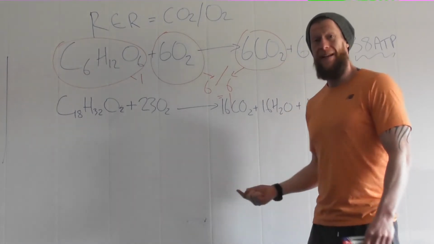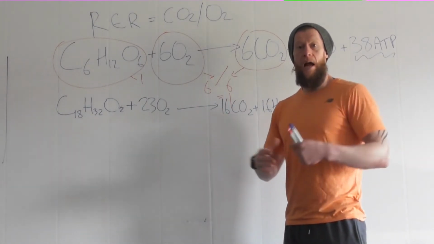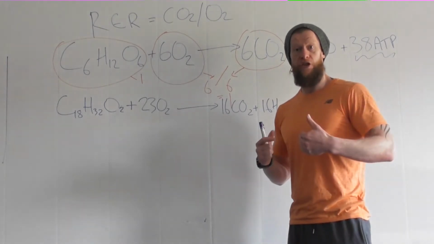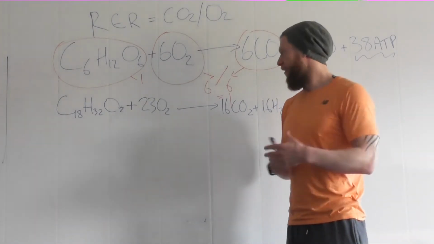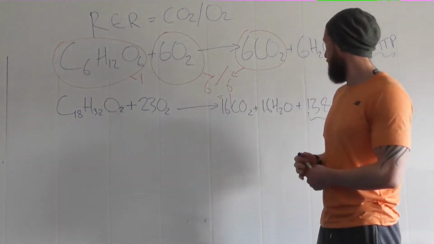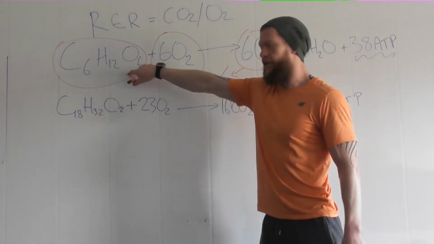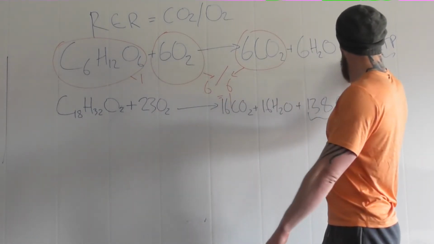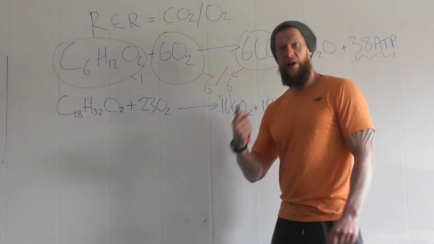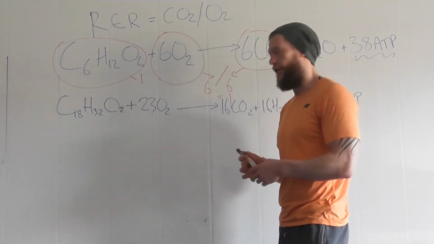But as our energy demand goes up, and we require oxygen to be utilized fully, because again, we're not fully utilizing all the oxygen, and I'll show you that in a second, all of a sudden we need to switch to something where we are fully oxidizing our energy sources, and although there's a lower amount of ATP produced, the rate at which the ATP is produced is much higher, much faster, much quicker, okay?